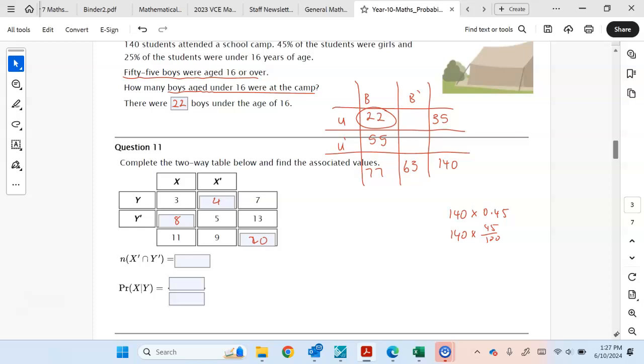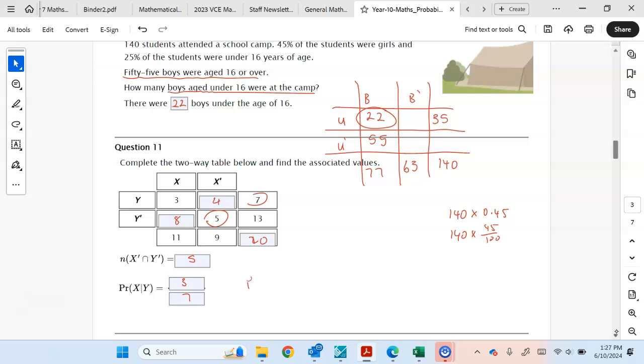So the number of not x and not y is this one here, which is 5. And the probability of x given y. So we're looking at y, which is 7, and then how many of them have x, which is 3. So 3 over 7.